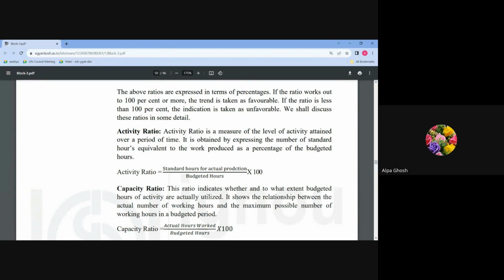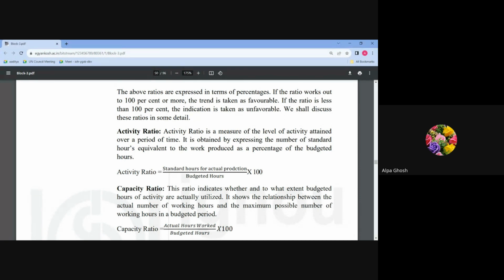To complete a certain activity, what are the standard hours required? That is on the basis of actual. What are the budgeted hours? What you expected. And this has to be multiplied by 100 because it has to be expressed in percentage.